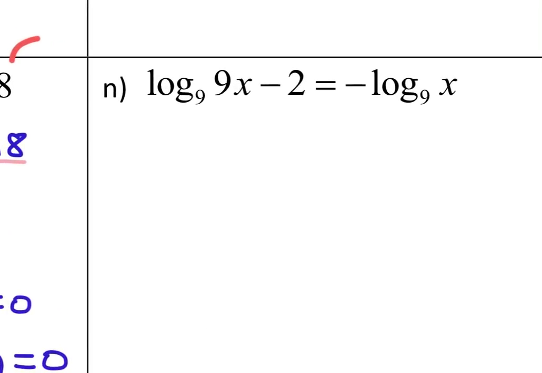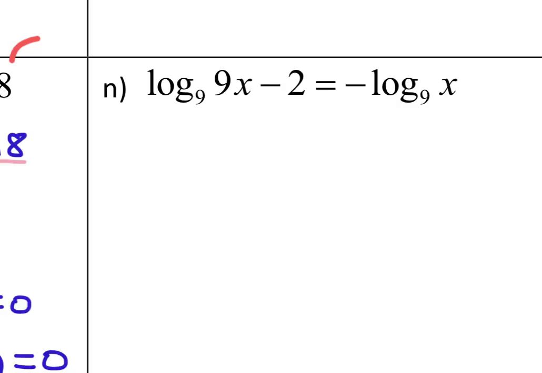Now, in letter N, notice that you have 3 terms, 2 on the left side and 1 on the right, that you have to manipulate. And in this case, one of those 3 terms is not a logarithm.